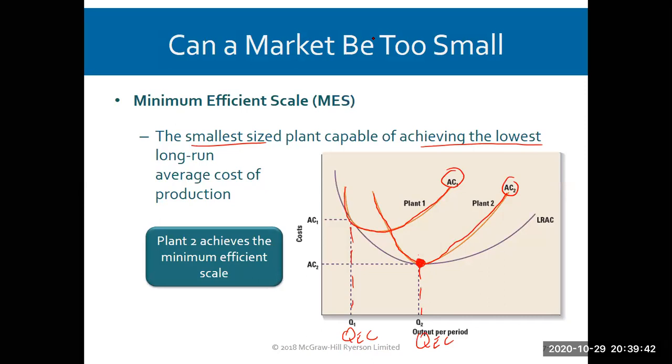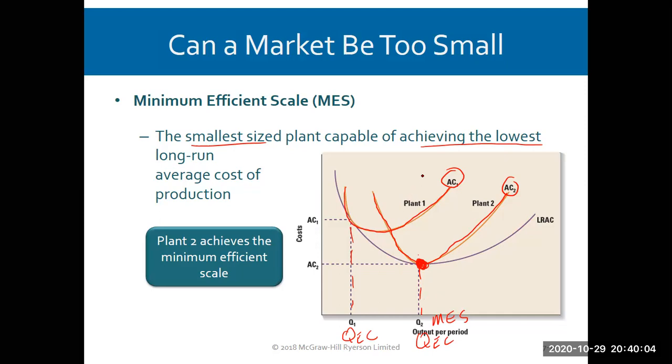My color isn't changing to green, so I'm going to leave it red. The big dot is also my MES right there, minimum efficient scale. So those two occur at the same point. The QEC is on the red short run average cost curve, and the MES, the minimum efficient scale, is on the purple long run average cost curve.